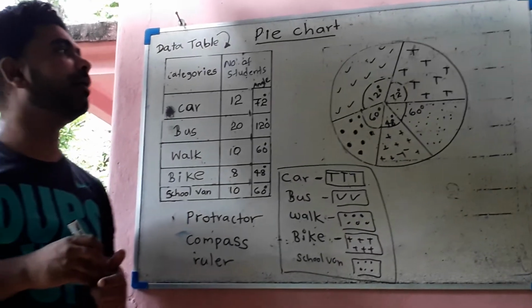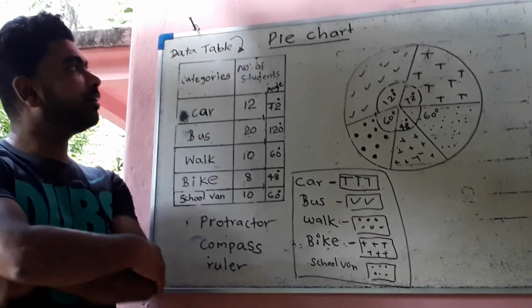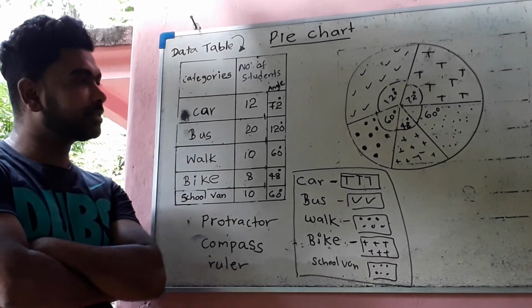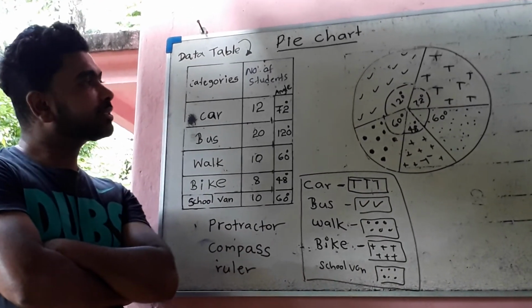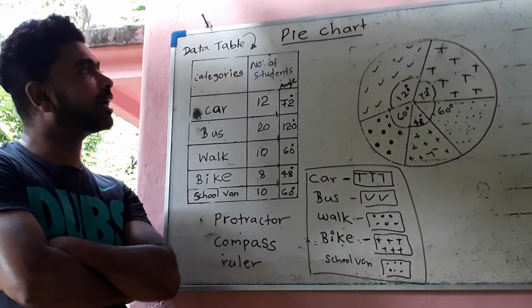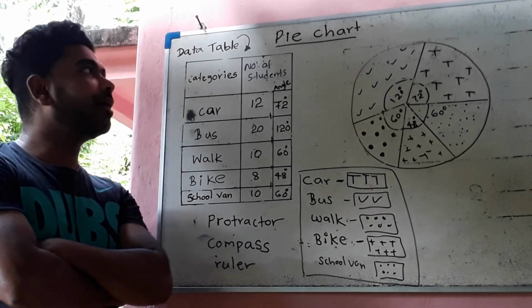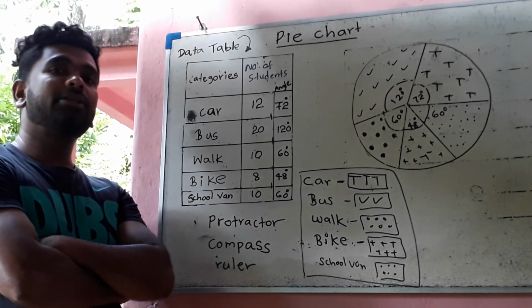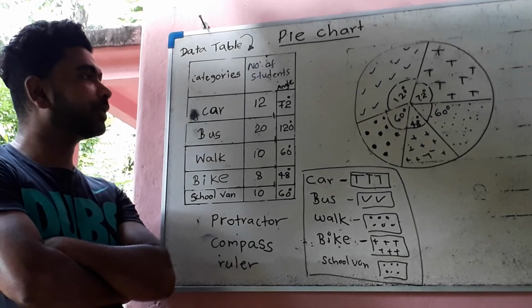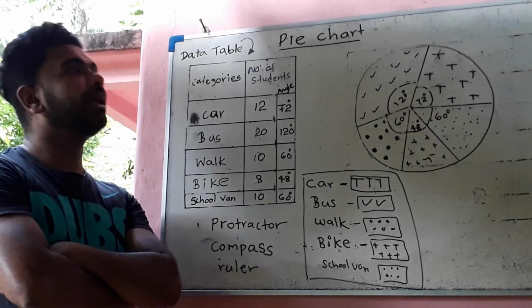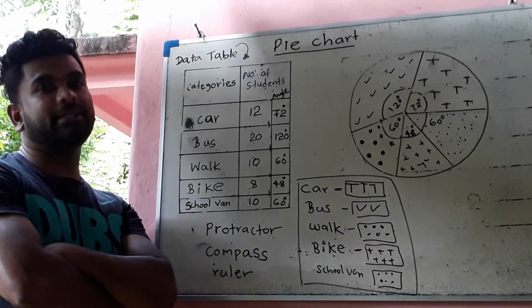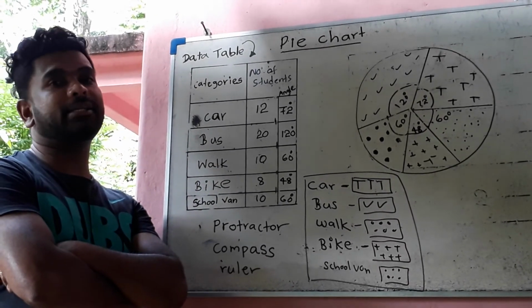The person who studies the pie chart can easily understand what the data are. Such a chart, such a graph, we call a circle graph or pie chart. For your age, a pie chart is given, and you need to study and interpret the data.